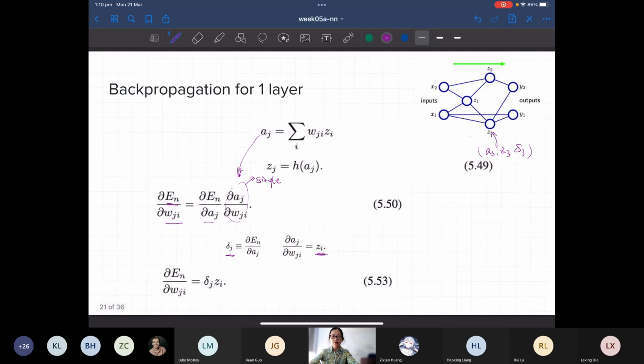And then the stochastic gradient on the nth data point is simply delta J times Z of I. All right, simple enough. Again, this is a notation trick: by indexing these 3 layers as I, J, and K, we essentially swept away the superscript. These are weights of the first layer, J and I, so we omitted the superscript.